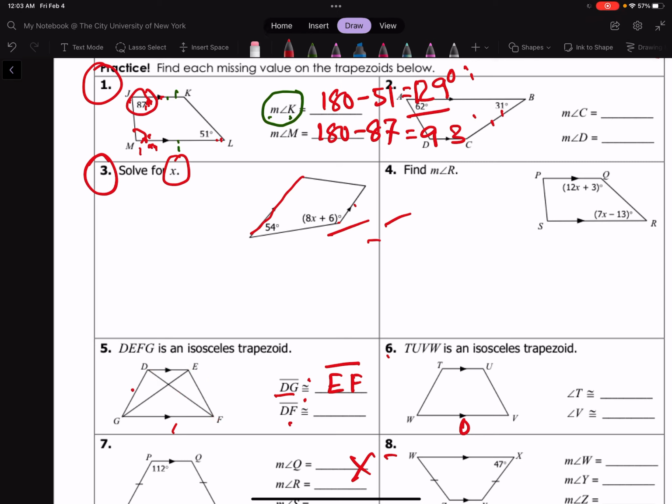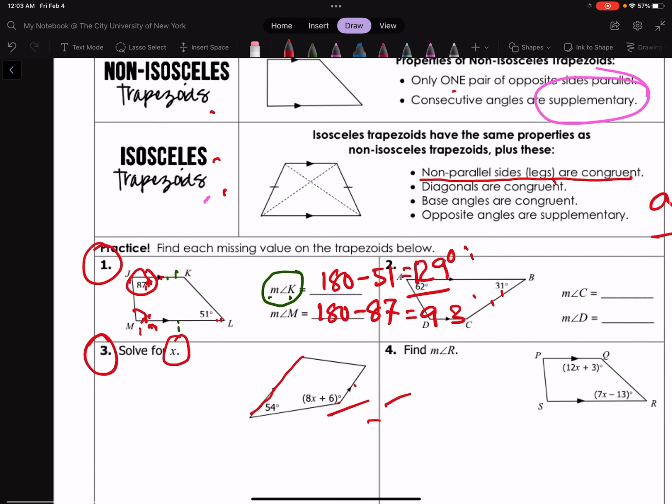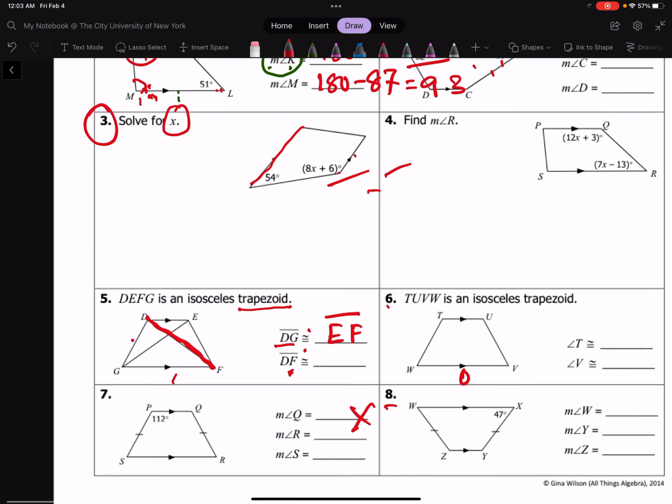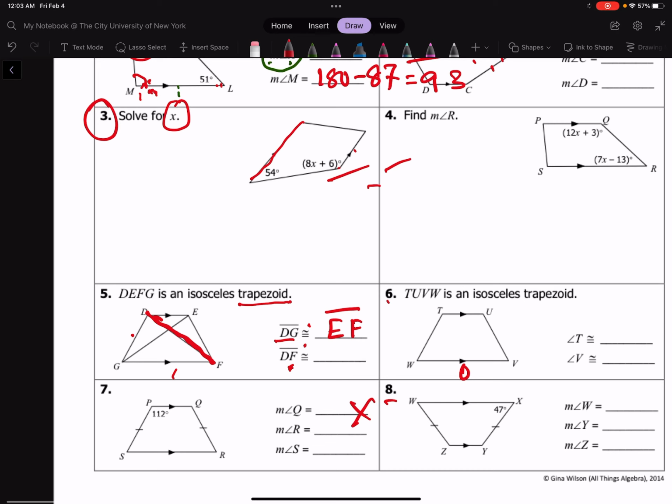Obviously, this is a special type of quadrilateral, that is a trapezoid. So this is the diagonal, and this other diagonal is EG. If you look at the properties, you see diagonals are congruent. So this diagonal should be congruent to the other one. Am I right?